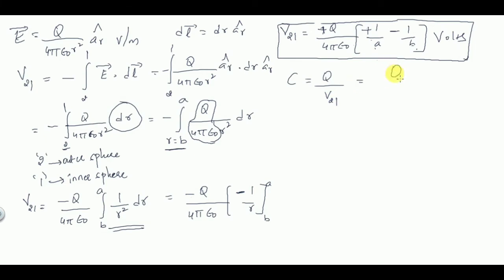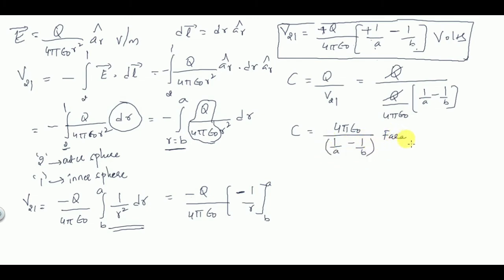So it will be Q by 4 pi epsilon naught into 1 by a minus 1 by b. So Q and Q get cancelled. Therefore, capacitance is given by 4 pi epsilon naught divided by 1 by a minus 1 by b farads.